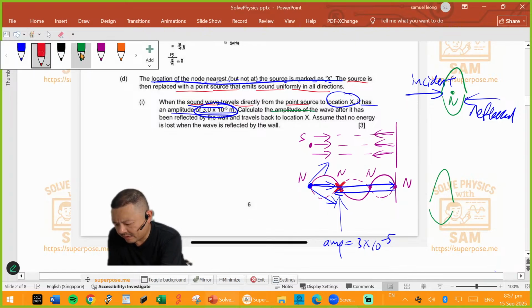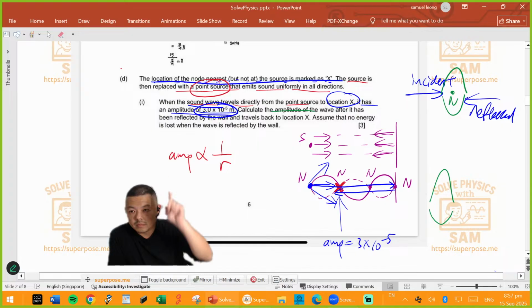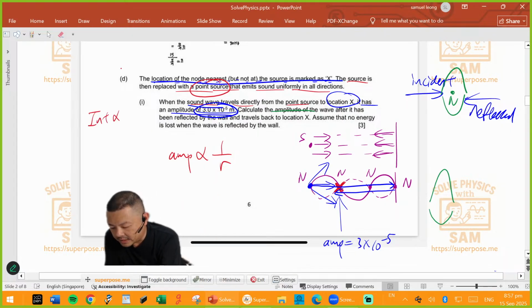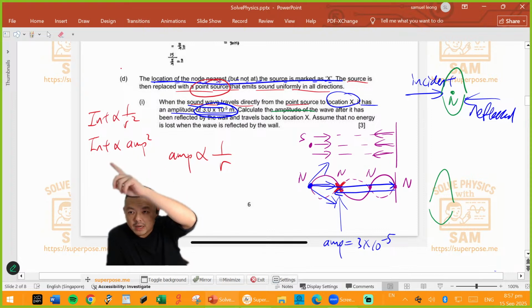So we probably have to recognize that for a point source, amplitude is proportional to 1 over r. Yeah, are you aware of this? Are you aware that it came from this relationship? Intensity is inversely proportional to r squared. Intensity is proportional to amplitude squared.